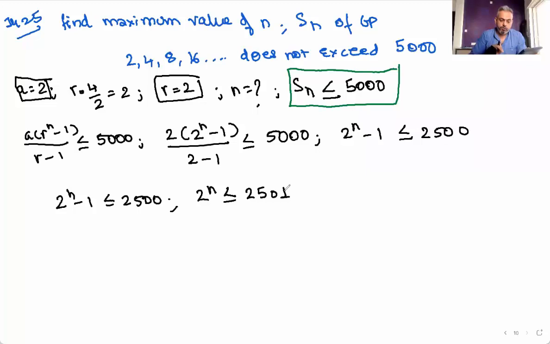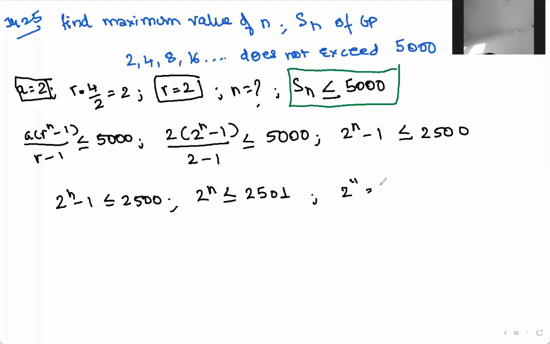So 2 into 2 is 4, so raised to 2, keep going: 3, 4, 5, 6, 7, 8, 9, 10, 11. 2 raised to 11. So 2 raised to 11 is equal to 2048.